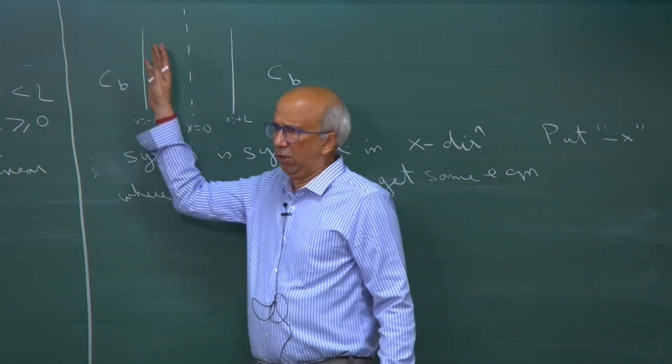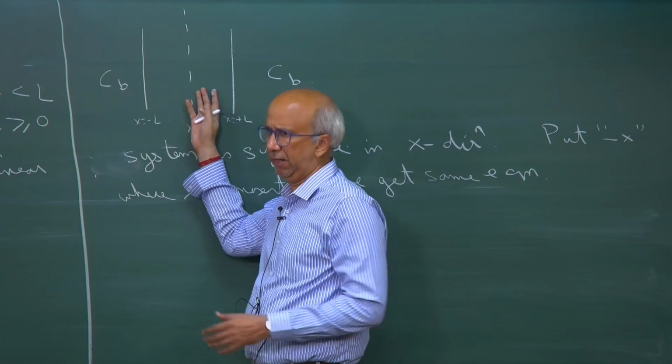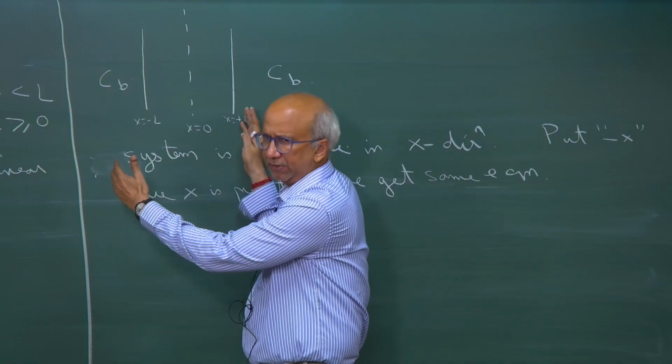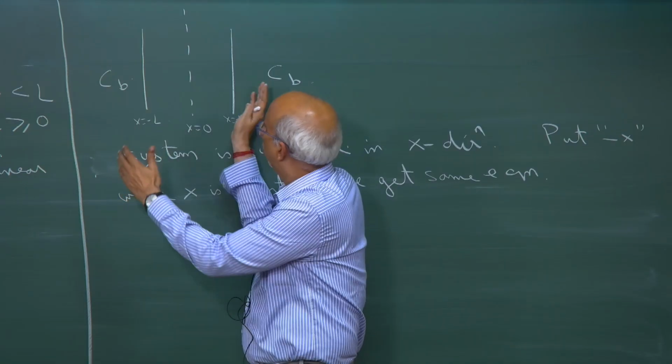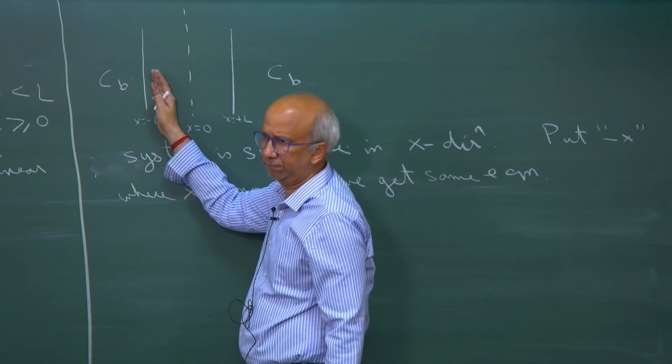Otherwise also you can look at the problem and say, look, there is a reaction going on inside, and the concentrations at the two surfaces are equal, and therefore, what is happening here is going to be a mirror image of what is happening here.